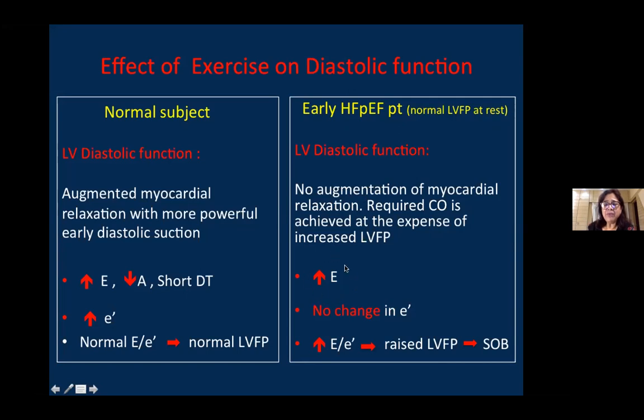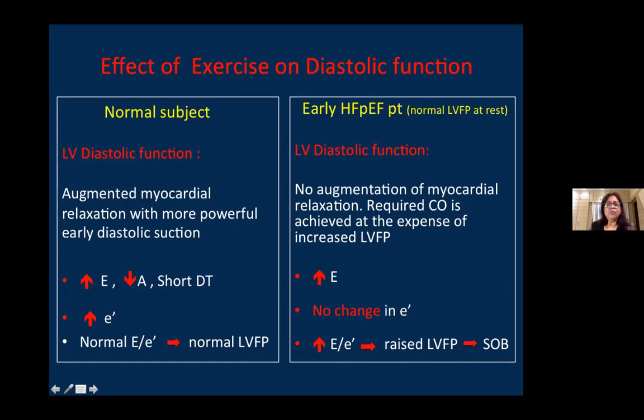Though the E wave rises due to exercise, there is no change in E prime, because there is no augmentation of the myocardial relaxation. So E is increasing, E prime is not increasing, rather decreasing. That will increase the E by E prime ratio, and that will indicate raised LV filling pressure. And that is why the patient goes into shortness of breath.